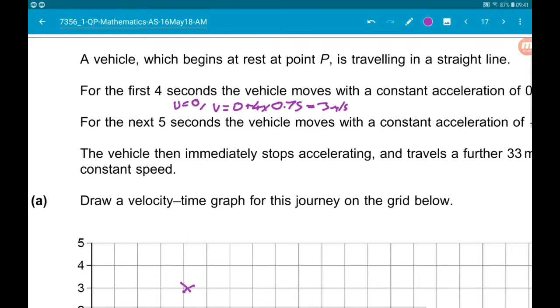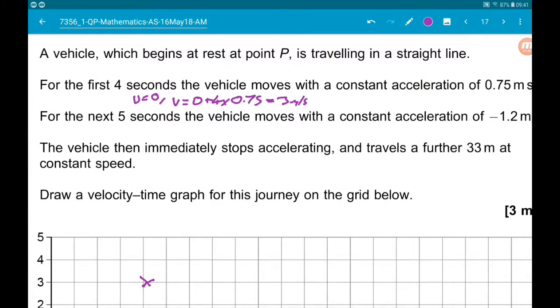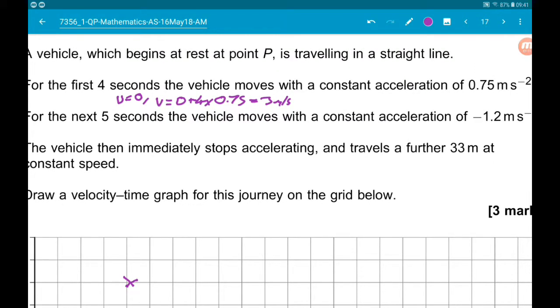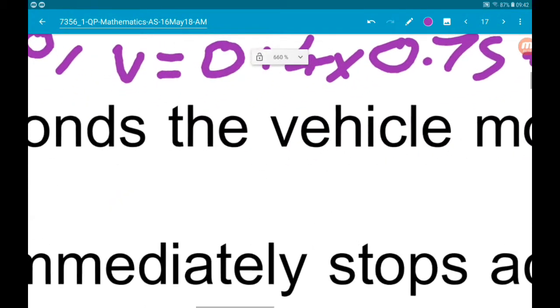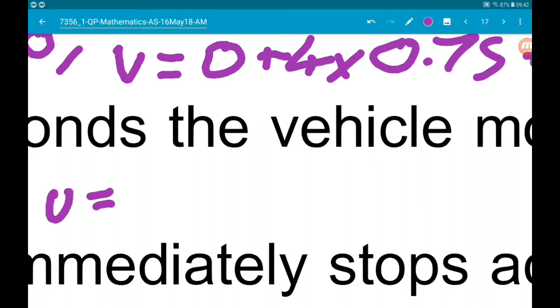Okay, for the second part, we're told for the next 5 seconds the vehicle moves with a constant acceleration of minus 1.2. So for this part, our initial velocity is 3 meters per second.